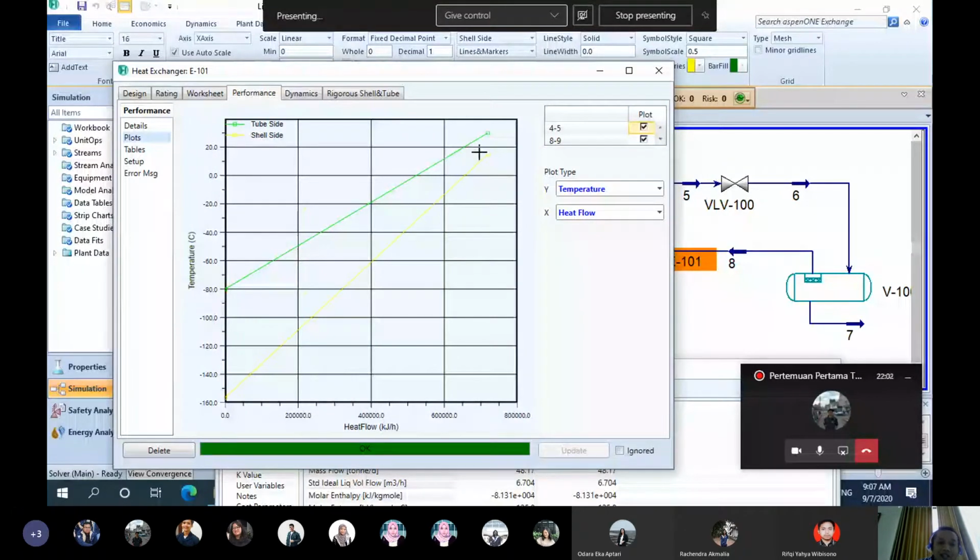You can see the hot curve, whose line color is green, and the cold curve, whose line is yellow.